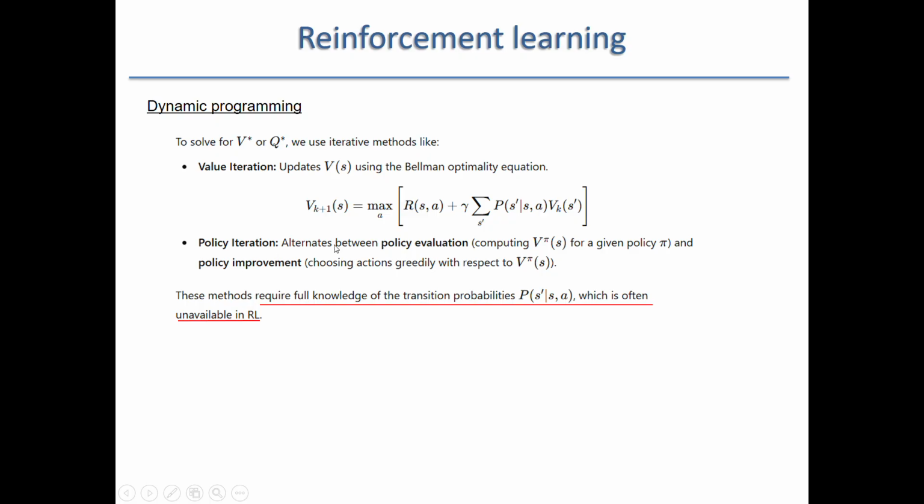Policy iteration alternates between policy evaluation, so computing V according to that policy, and policy improvement, so choosing actions that improve with respect to the current values in a greedy way. These methods require full knowledge of the transition probabilities, which is often not available when you are doing reinforcement learning.